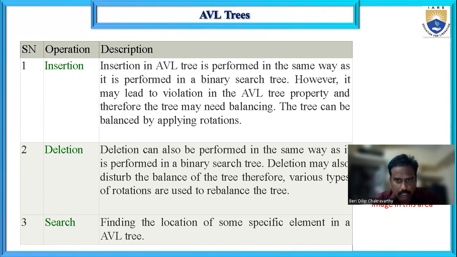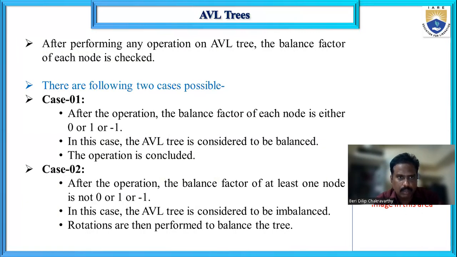We will see all those things clearly. Deletion can also be performed in the same way as in binary search trees. Deletion may also disturb the balance of the tree, therefore various types of rotations are used to rebalance the tree. Similarly, searching means finding the location of a specific element in an AVL tree. We'll see all of this with an example.